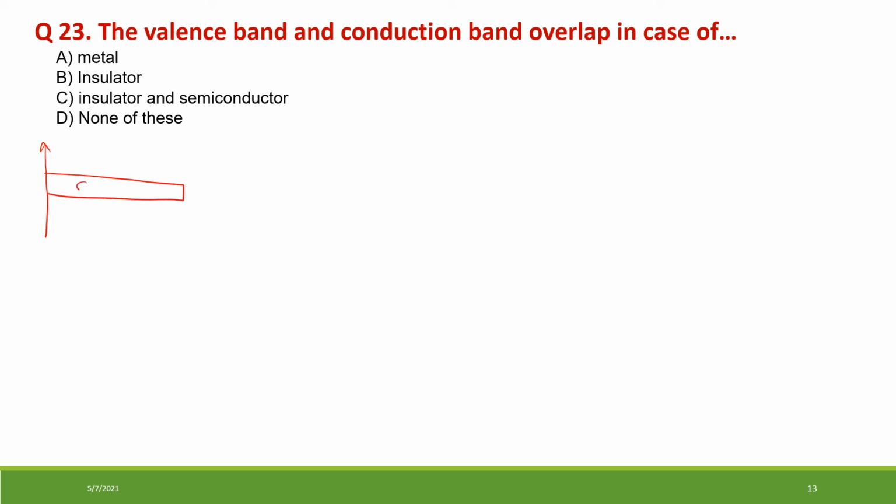So here is the conduction band and here is the valence band, and the energy gap between conduction band and the valence band decides the type of a material. So if this Eg energy gap is nearly equal to 6 electron volt, then we can say that these are the insulators.